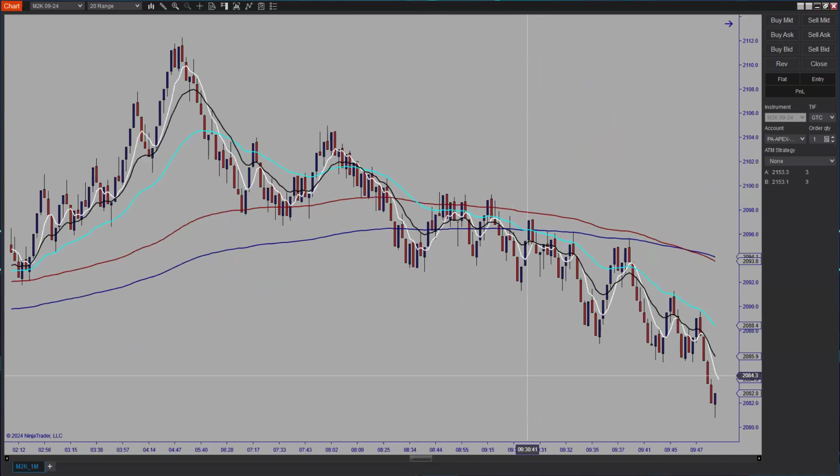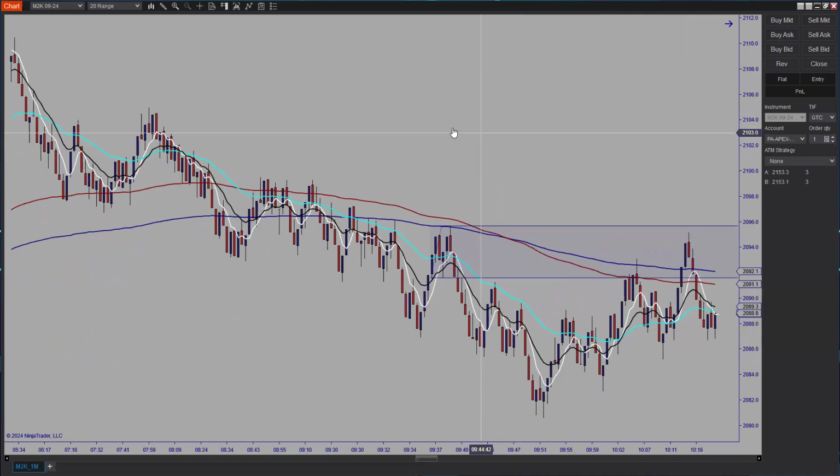So starting to come together for you guys. Starting to see it, hopefully. Cross right there. There's the reversal zone. There it is.